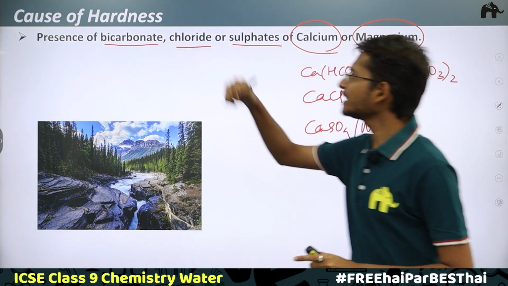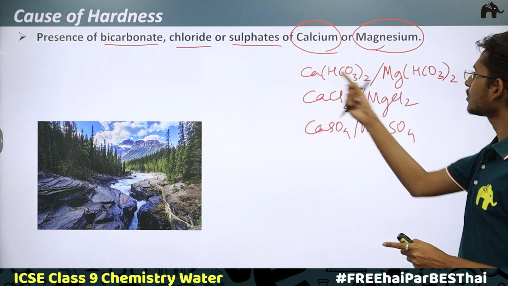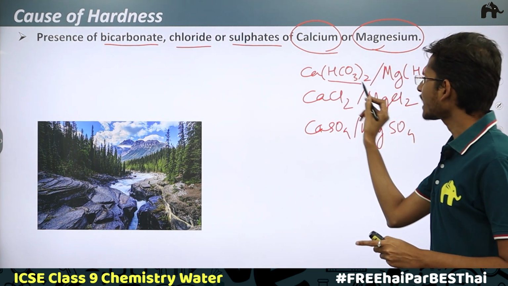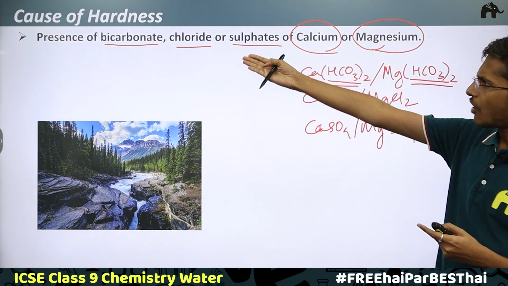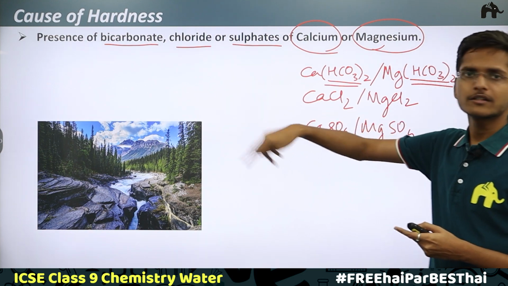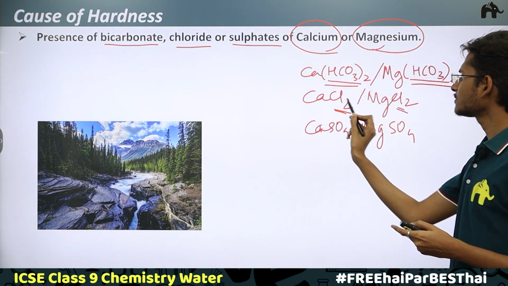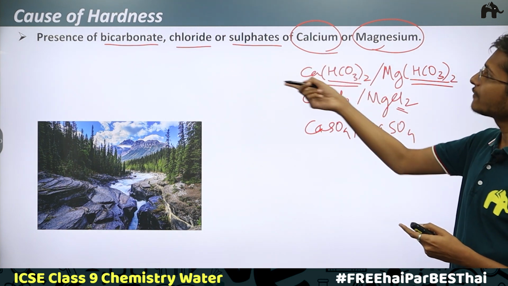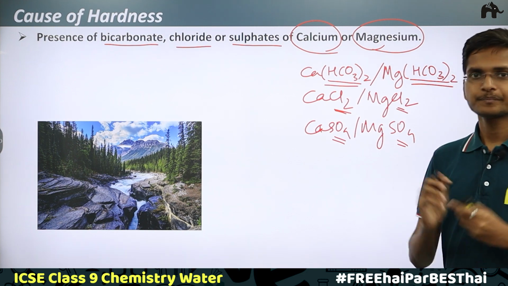Presence of bicarbonate of calcium or magnesium, we call this anion bicarbonate, HCO3 minus, right? Then bicarbonate, comma, chloride of calcium or magnesium. And then sulfate of calcium or magnesium.